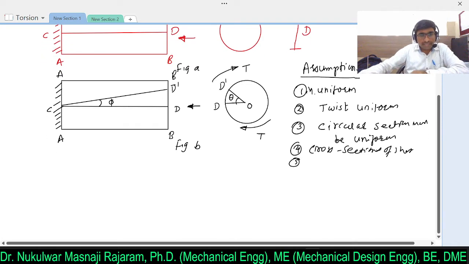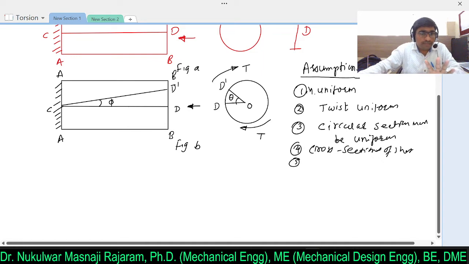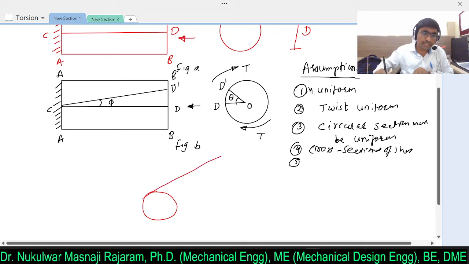Now for the derivation, what should you remember in the exam? You must remember these two angles, phi and theta. Here I will show you the shaft. Let's say this is a shaft. Clear? This is the center line of the shaft.